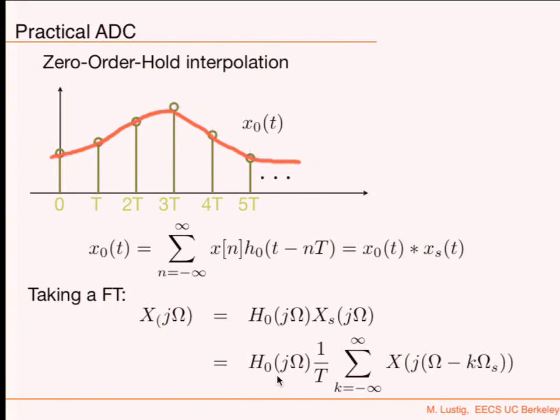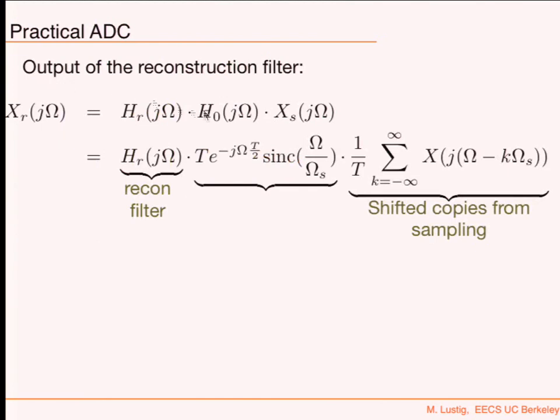So it looks like this. What we have is x of s, that's the replicated signal. That's the Fourier transform, the impulsive version of my digital signal. This is the interpolation filter, which is the zero-order hold. And in the frequency domain, it's just a sync.